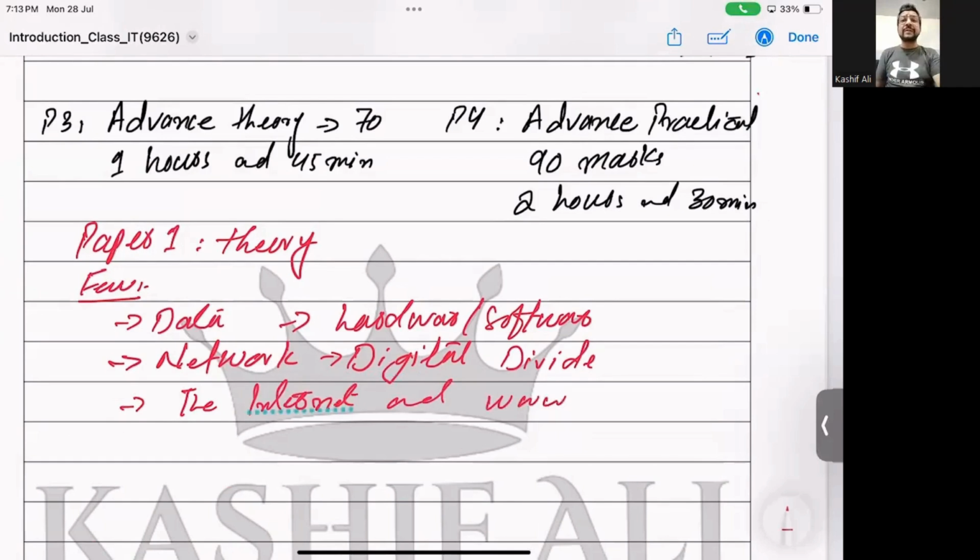So these are examples of topics which we are supposed to cover in paper 1. In further classes, we are going to discuss each individual topic, each chapter, in detail.